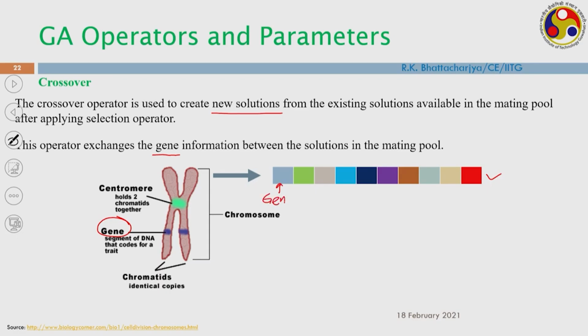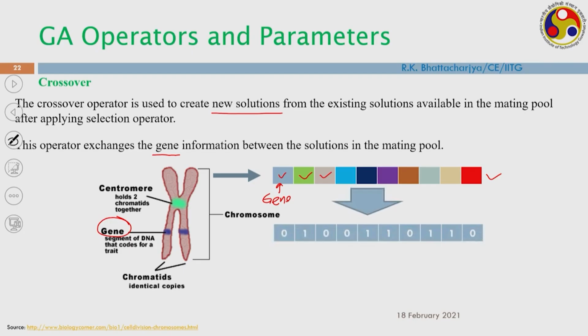Just like the biological chromosome, here also the gene is carrying the characteristics of that particular solution. So, the values in this chromosome will carry the characteristics of the solution. Now, how to do that?